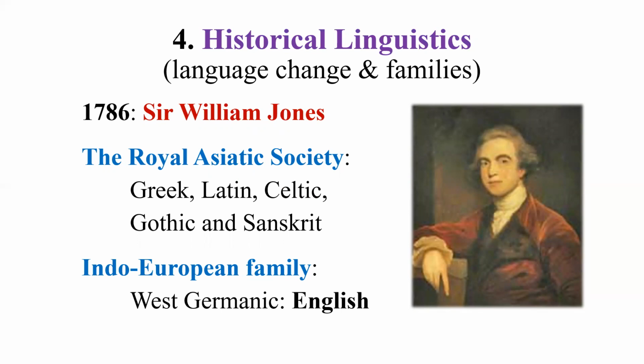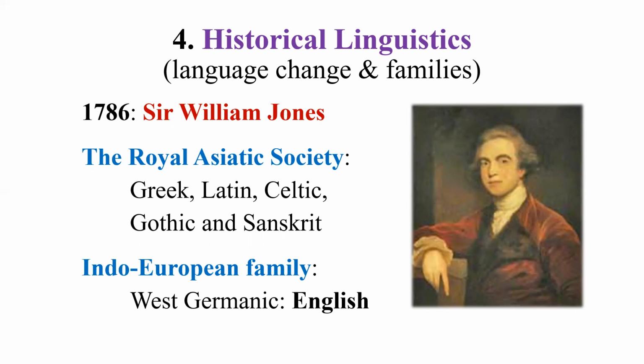And when we say language families, we talk about Indo-European or Dravidian families. There are a lot of language families in the world. The starting point could be 1786 for historical linguistics, especially the Indo-European family of languages.